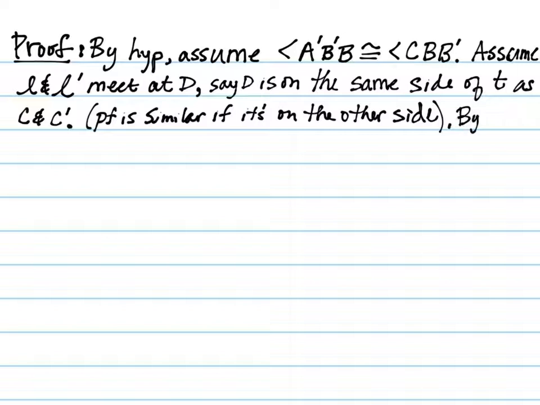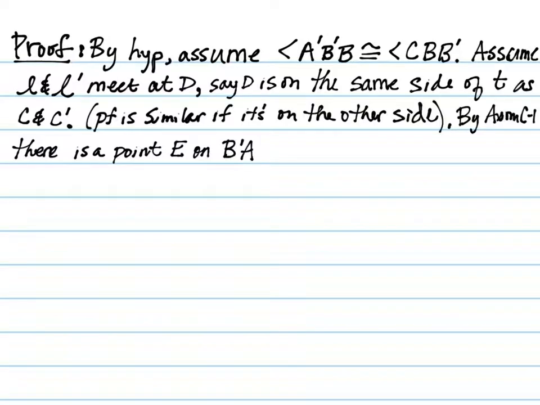By axiom C1, there is a point E on B prime A prime, that's the ray B prime A prime, such that B prime E is congruent to BD.